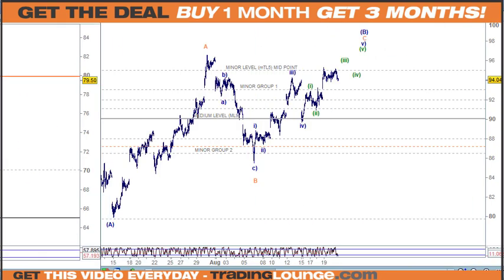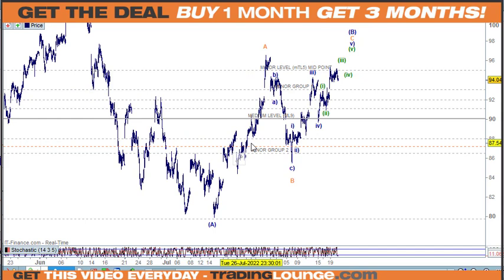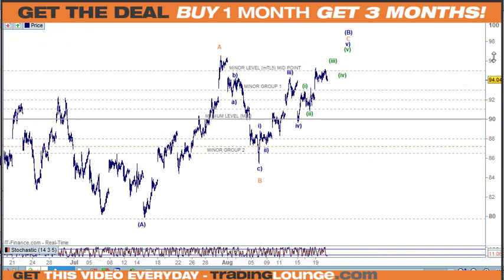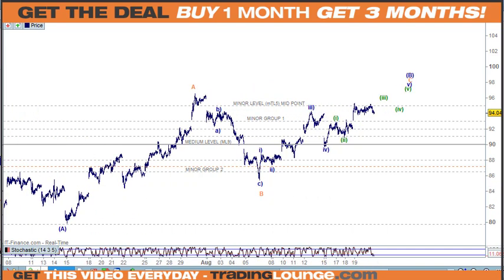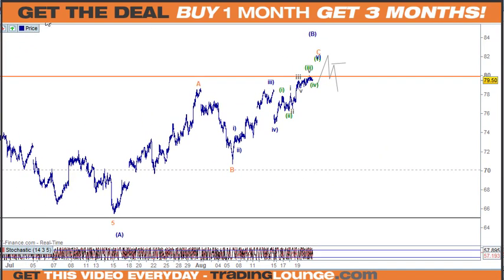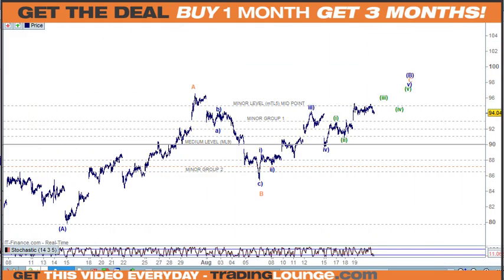And the other thing too, in terms of slowing down, this is XOM here, ExxonMobil. It's one of the main constituents in this ETF here. And the same thing goes here.